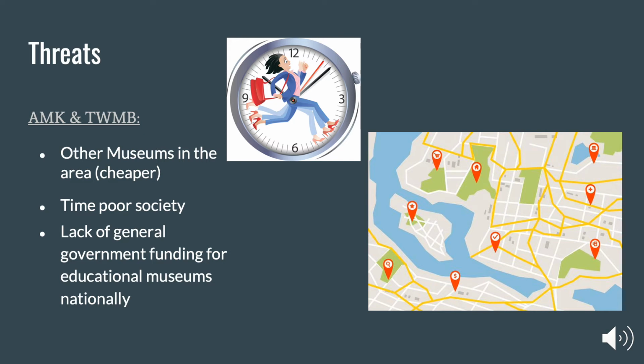And the last one is a lack of general government funding for educational museums nationally. There's a lack of funding going toward these museums because of all the other things going on and all the other places where money can go.